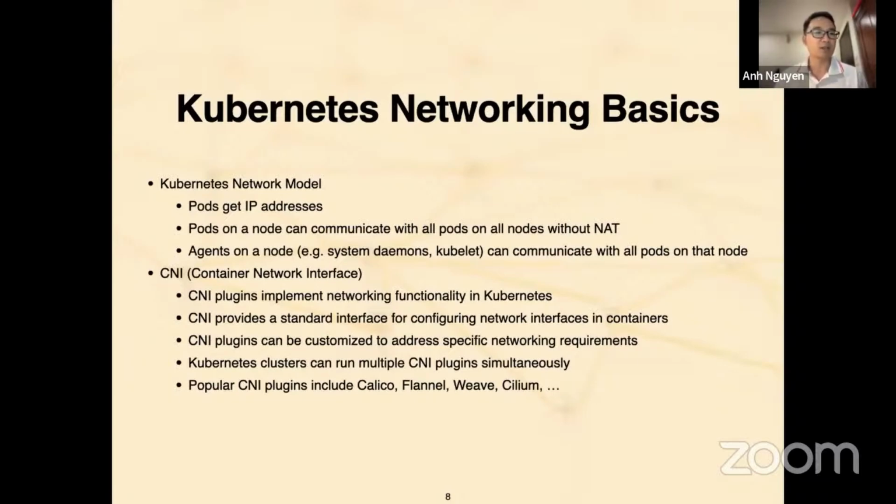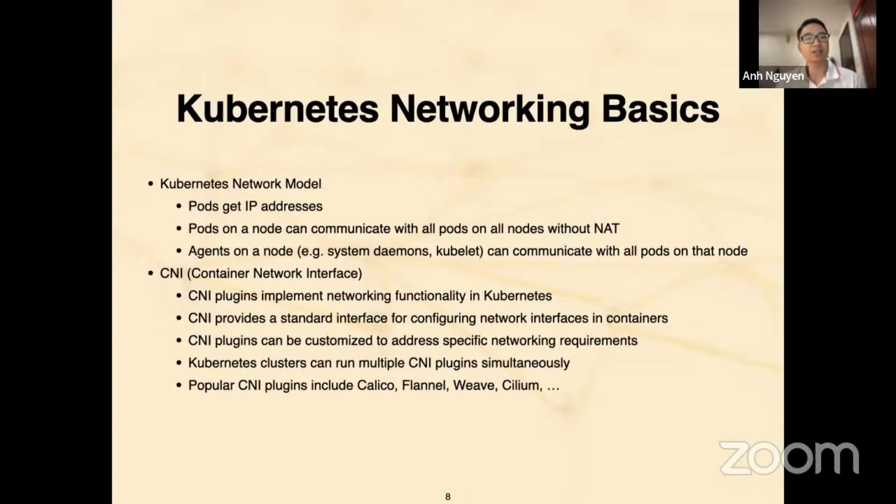First, pods have IP addresses. Second, pods on a node can communicate with all pods on all nodes without NAT. And third, agents on the node, such as system daemons and kubelet, can communicate with all pods on that node to serve health checks and monitoring.